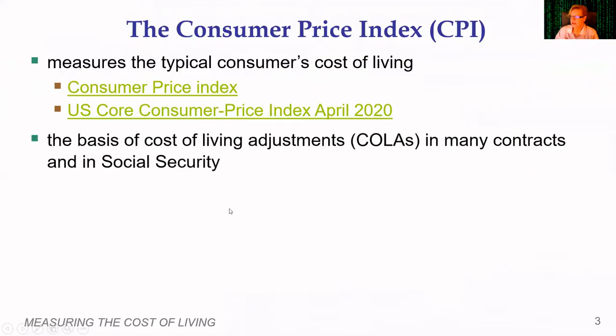Also, you'll hear the Consumer Price Index mentioned in terms of COLAs, and these are cost of living adjustments built into many contracts. I often tell students, if you're going to enter into a contract which is greater than a year, you're not really sure how prices are going to change during that year.